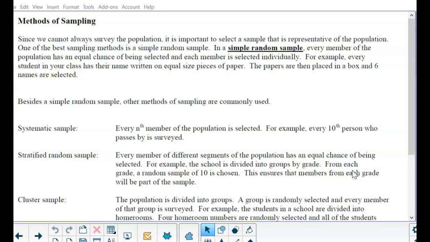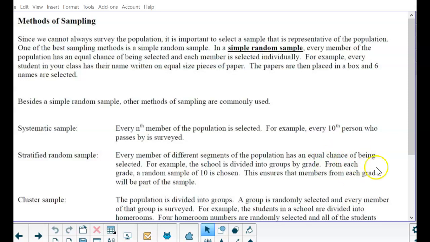If whoever was deciding on the music decided to survey the school but only chose their friends, well, that's what makes you a group of friends, because you like the same music. So you're not necessarily going to represent the whole population. You're just choosing the easiest people to survey, your family and your friends, so it's not necessarily representing the whole population.